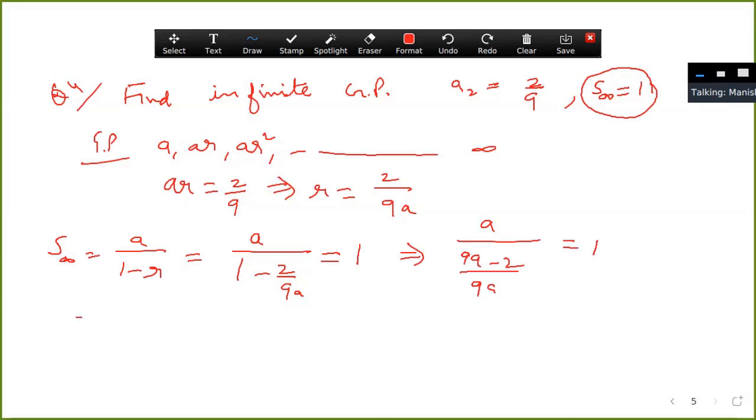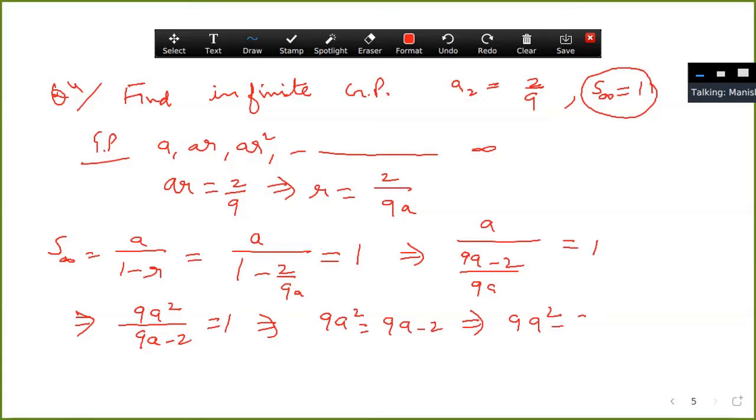This will be equal to 9a square upon 9a minus 2 is equal to 1, or you can say it is 9a square is equal to 9a minus 2, or 9a square minus 9a plus 2 equal to 0. This is the quadratic. Factorize it. You will get the factors. That factors are 3a minus 2 and 3a minus 1 will be equal to 0.